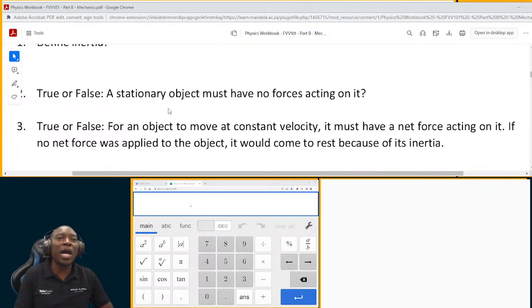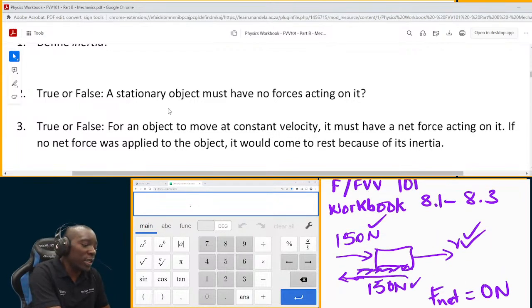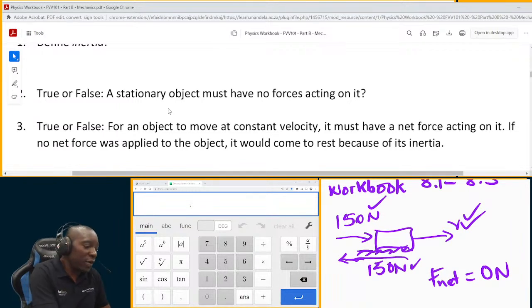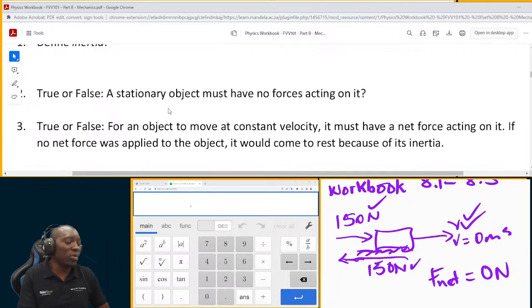It just means there's no net force, but the forces could be there and balanced. So stationary also in the same sense, if v here is equal to 0 and we still have the same forces balanced like that, then this body will not move. It will remain stationary. So a stationary object is not necessarily one that has no forces acting on it, but one where all the forces are balanced and it's not moving.